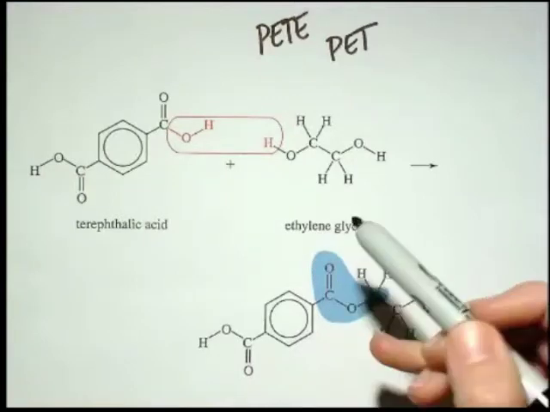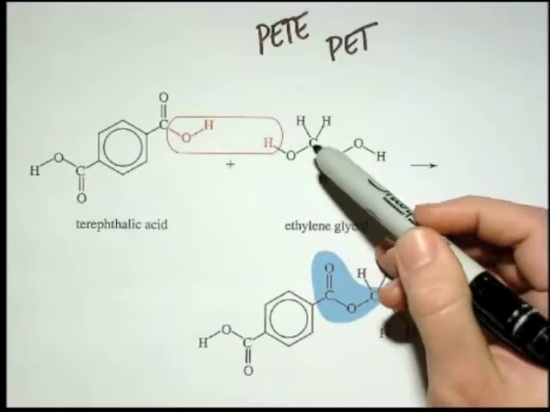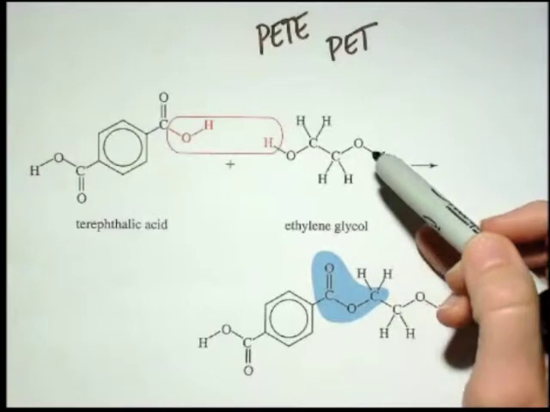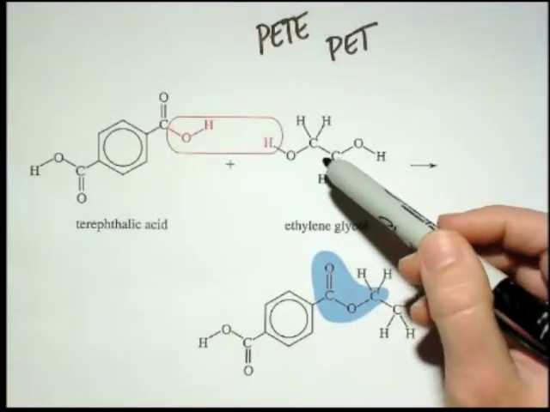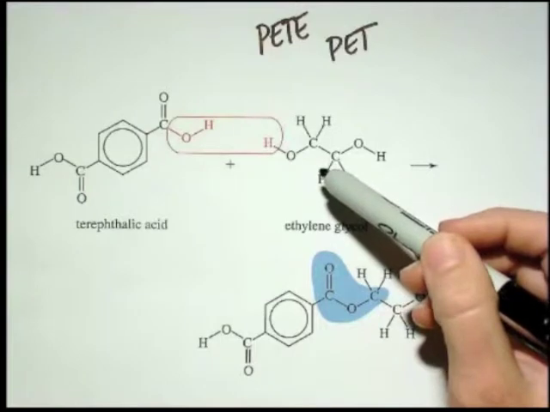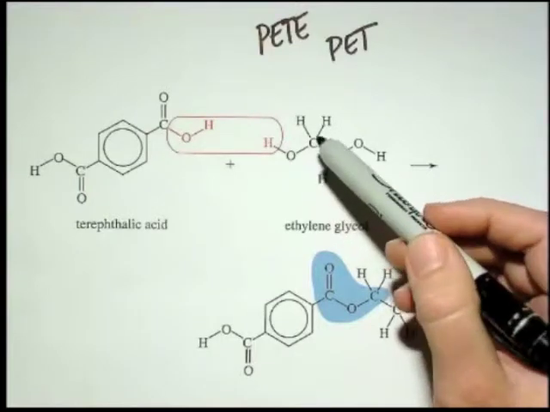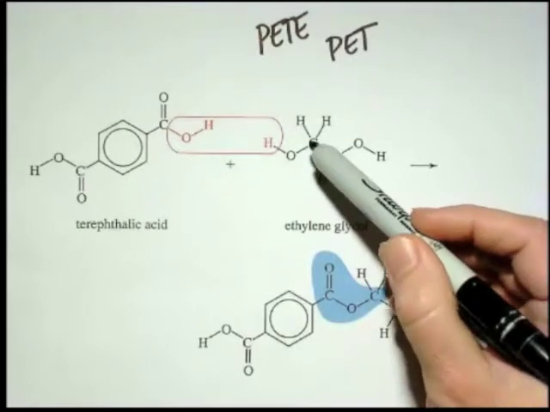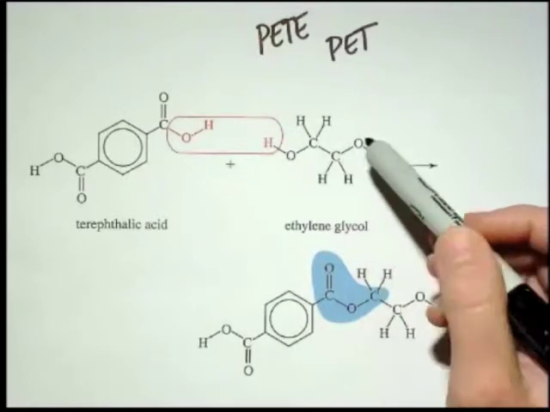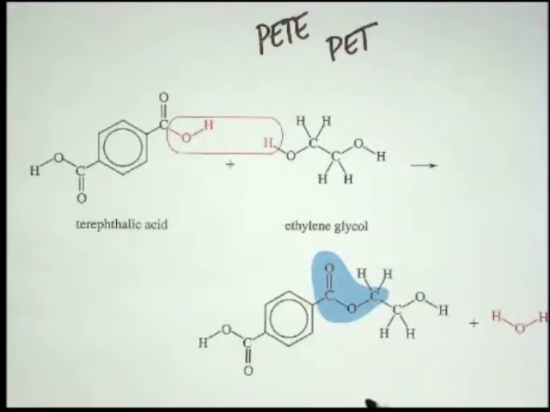Ethylene glycol is a little molecule with two alcohol groups on it. Sometimes the systematic name is ethane diol. It's a little two-carbon alkane with two alcohol, or hydroxyl, groups added on.